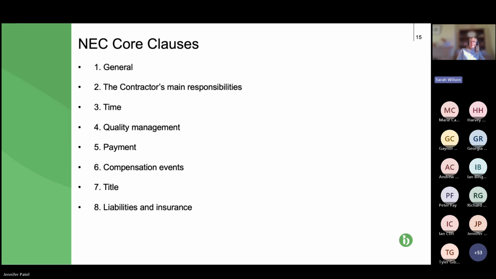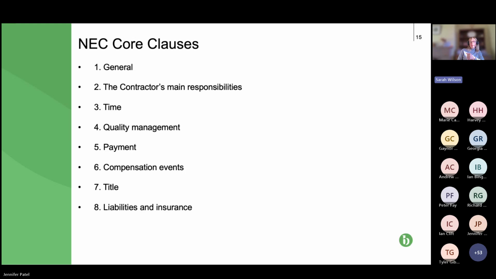The paying party inconveniencing or preventing the contractor from proceeding, causing delay and losses, etc., and also the cost of any delay. So it's that trio that we see that appears separately in JCT. 7, title, is around when do the goods pass from one party to the next? And then we've got an insurance provision at 8, and then, of course, 9, termination.